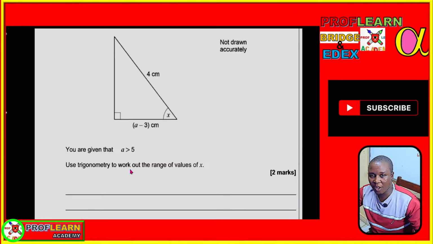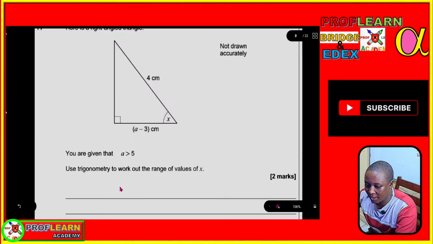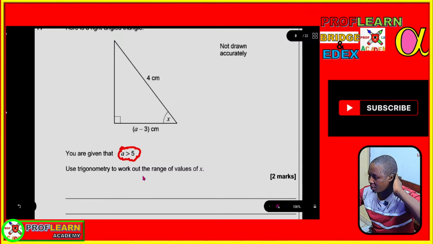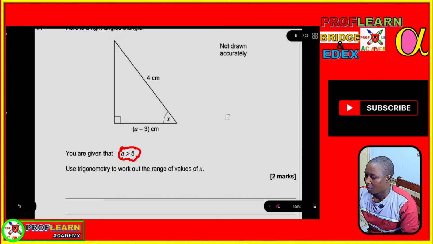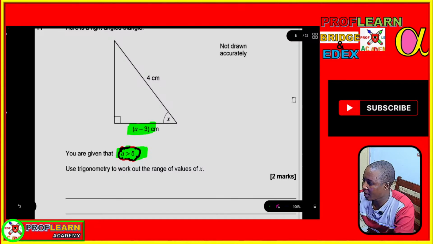And now we are moving to this particular question. For instance, here we're supposed to work out the value, because you are told use trigonometry and a is greater than 5. A is greater than 5, which means we are going to have both positive values there.